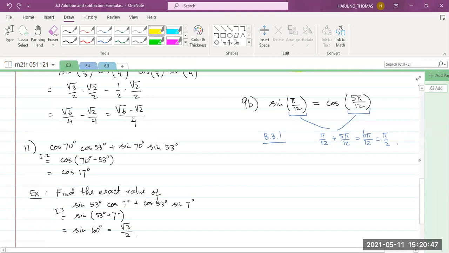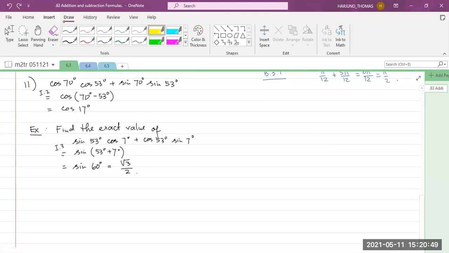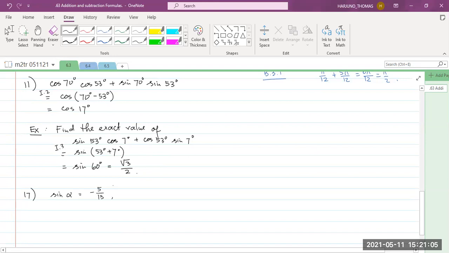Okay, now, more importantly, let's go on to, let's say, number 17. Sine alpha equals negative 5/13, and tangent alpha is positive. Now from here we see, alpha is in which quadrant?